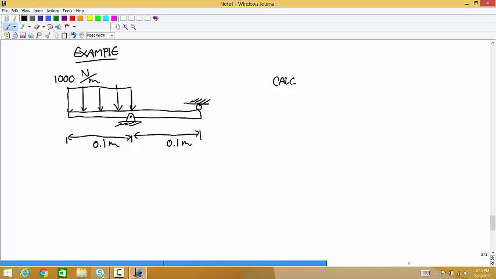And we want to calculate the internal loads. Let's do a torque in this one too. Let's say there's a horizontal point force applied on this side of 200 newtons, and let's say there's a torque this way on the other end of 100 Newton meters.